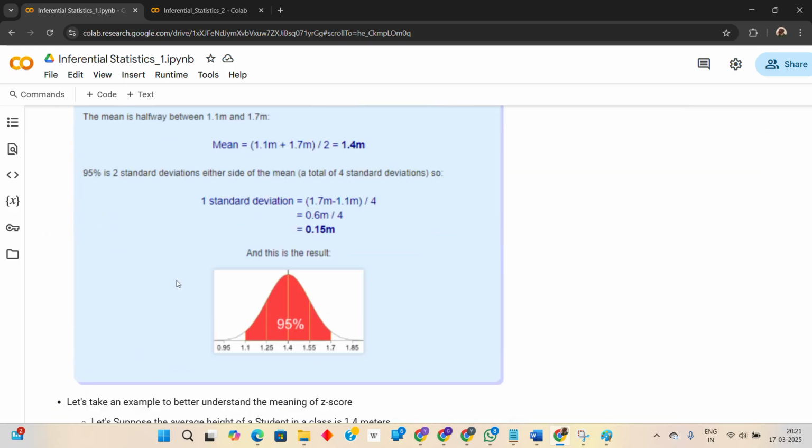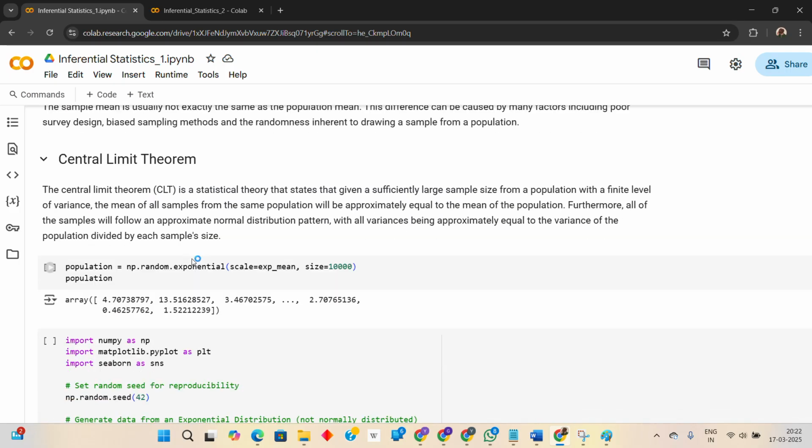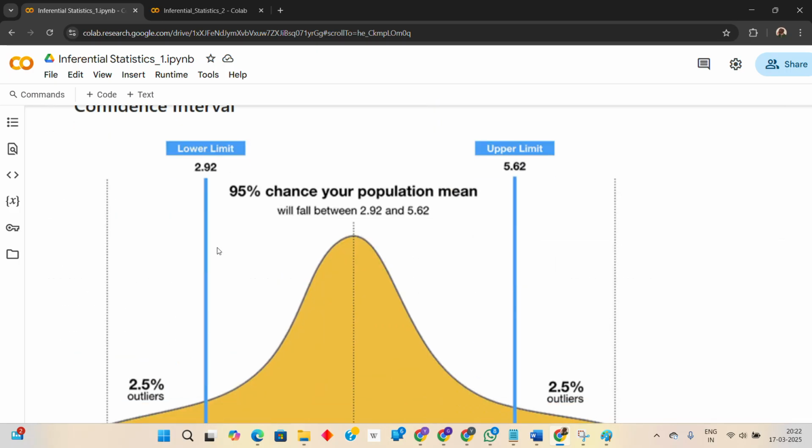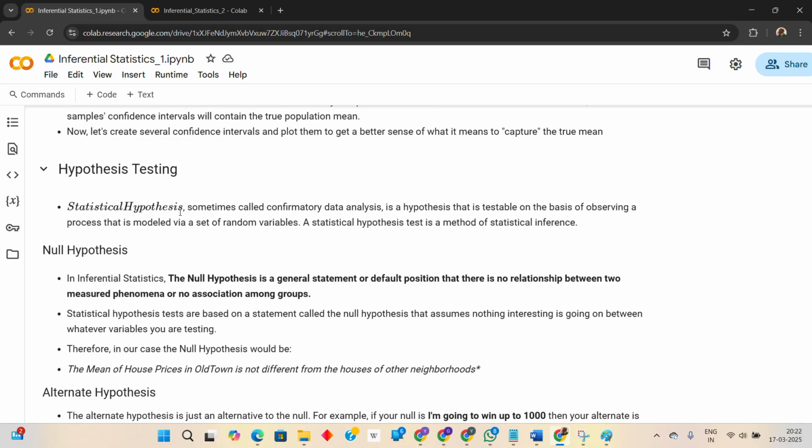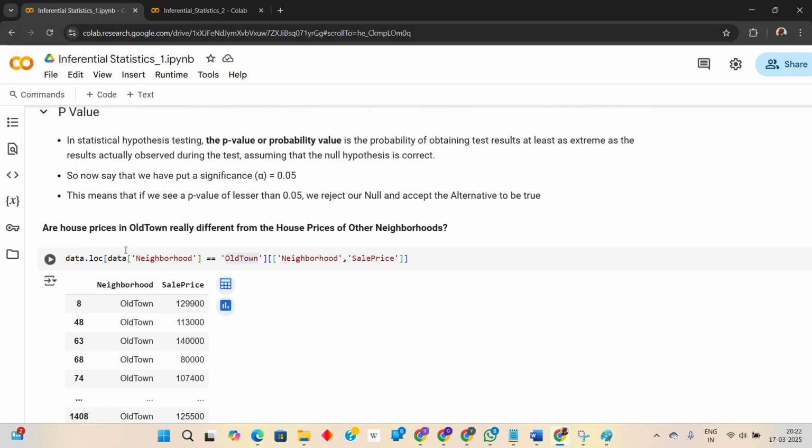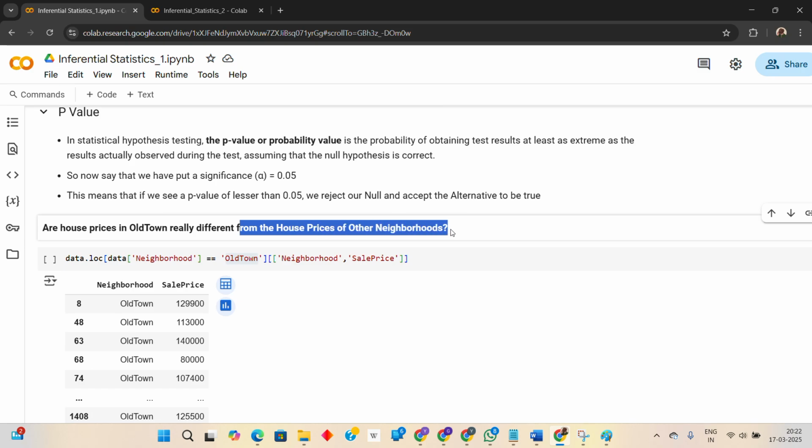Here the problem statement is, understand, whoever missed yesterday's class, or if you really want a quick understanding of statistical inference, our goal here is: are house prices in Old Town really different from the house prices of other neighborhoods?